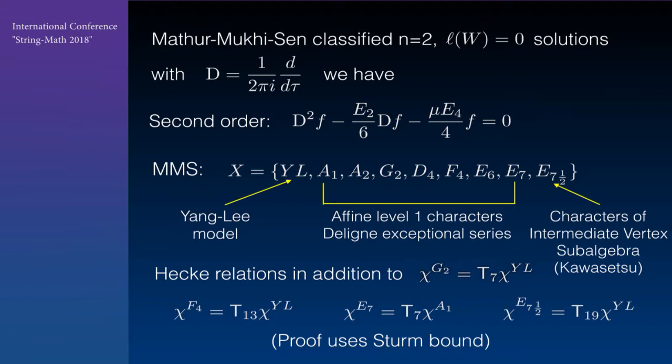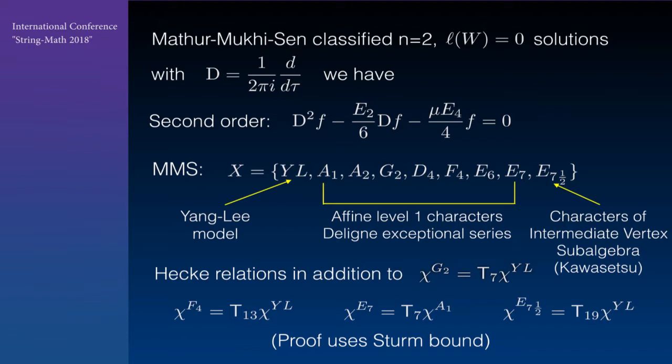And even this intermediate vertex subalgebra thing are the images under T19 of the Yang-Lee characters. So when I write these equal signs, we're physicists, but I think this is actually totally rigorous mathematically. You can define these characters as solutions to this modular linear differential equation.